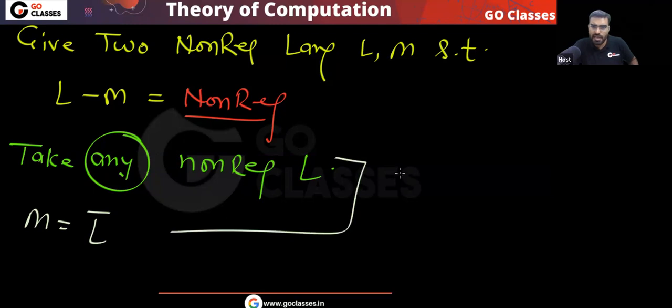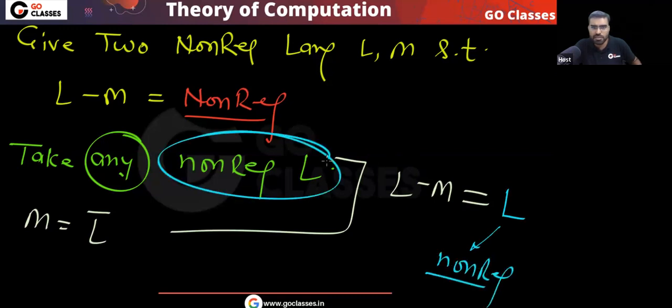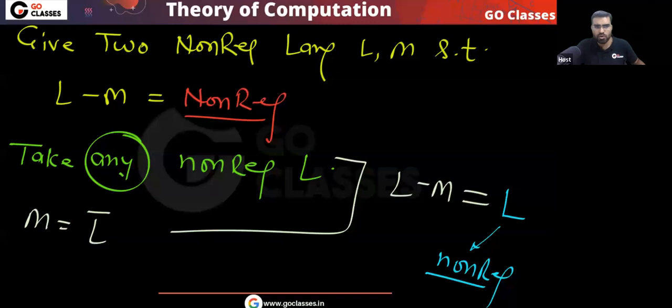Tell me, what is L minus M? Those strings which belong only to L, not M. L minus M will be L. Very good, and this is non-regular.